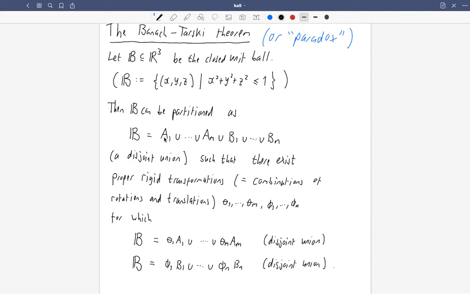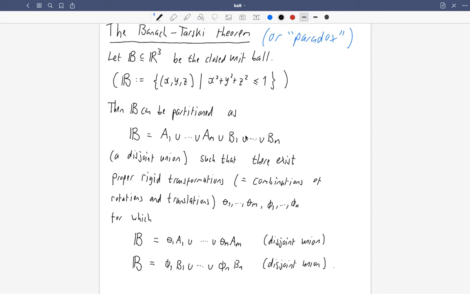That's a combination of a translation and a rotation. And in doing that to each one of these finite number of A pieces, we reassemble those pieces into another copy of the unit ball. So we've taken just a part of the unit ball and reassembled it into the whole of the unit ball.